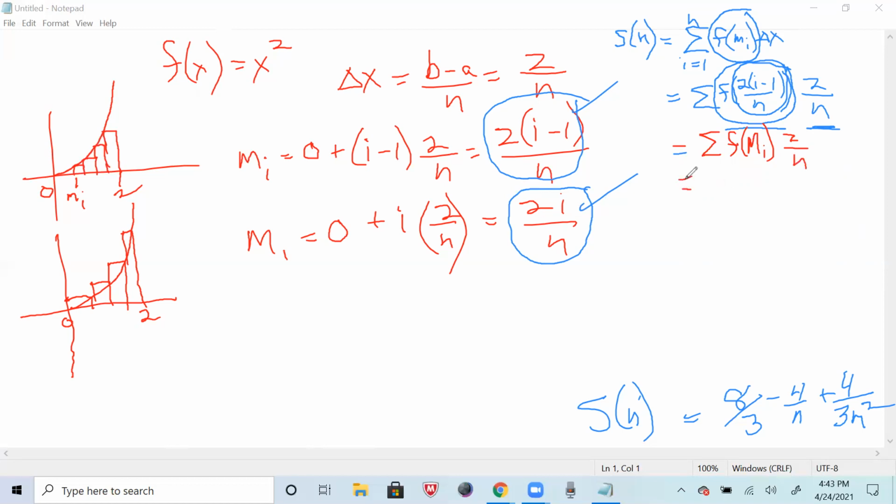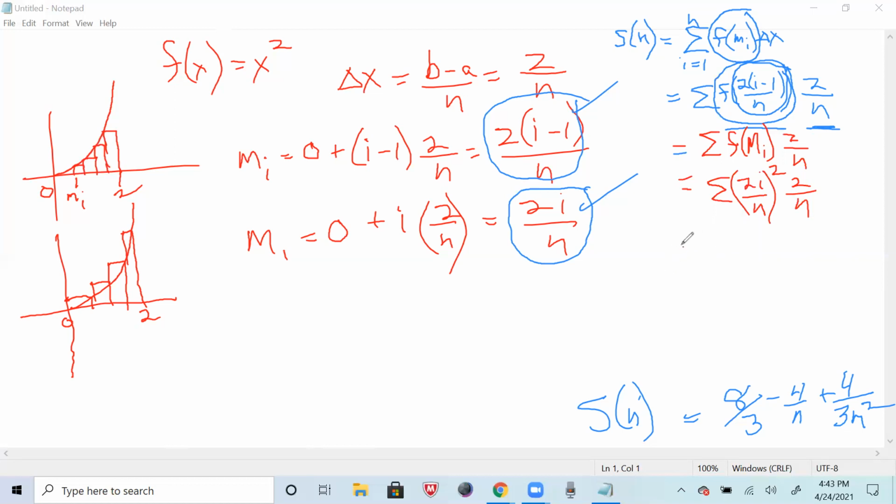And that becomes sigma of (2i over n) squared, because that's what you do. You substitute whatever's in the parentheses into your function f of x, times 2 over n.